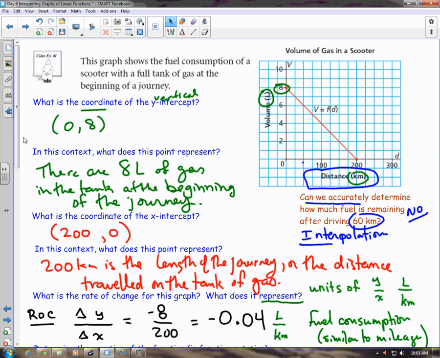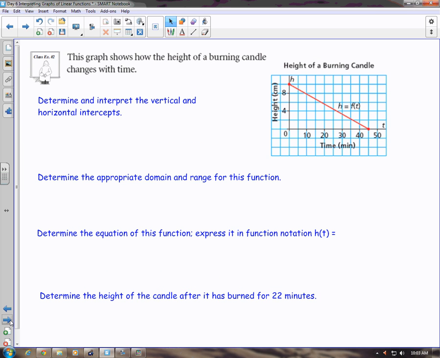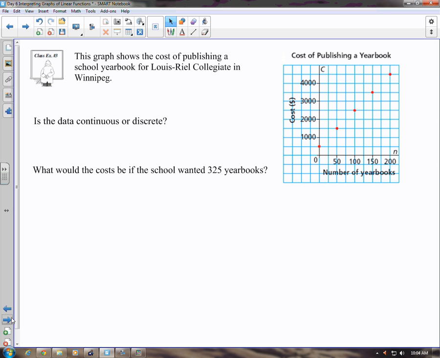Any questions that popped up in your mind that didn't get answered as we went through this example? Okay, here's our second example, and I'd like you to work through both this example and the next example in the last 15 minutes that we have.